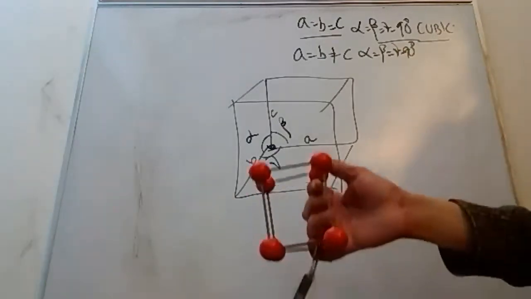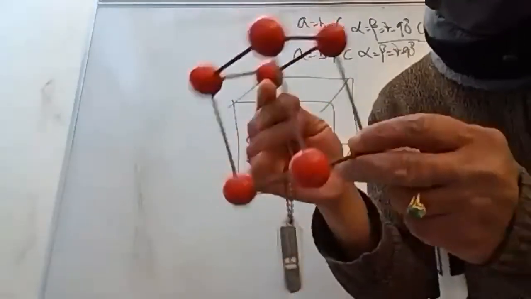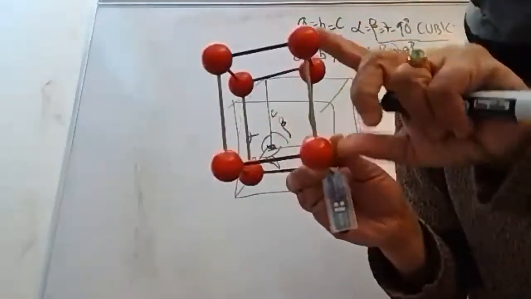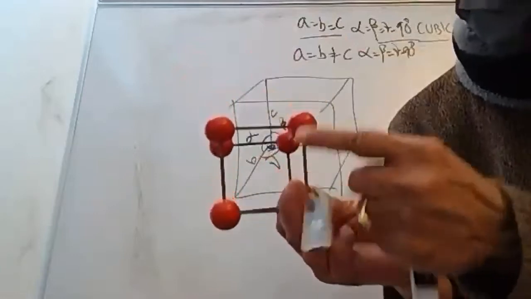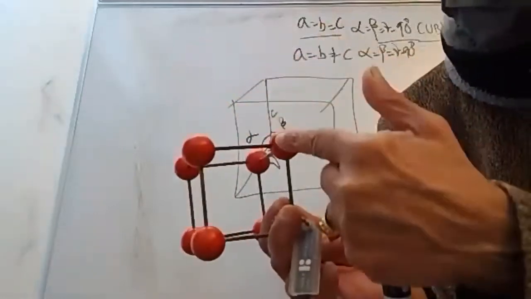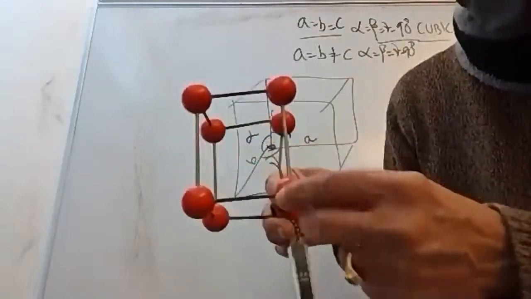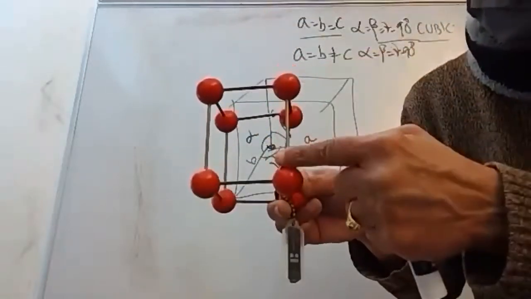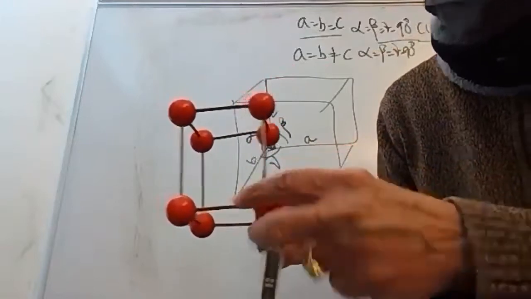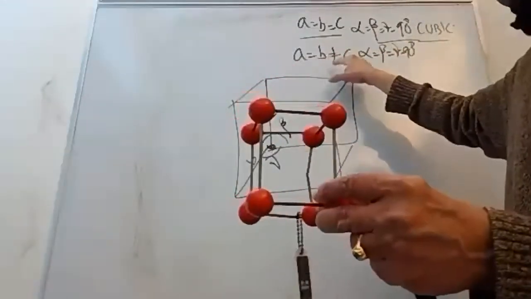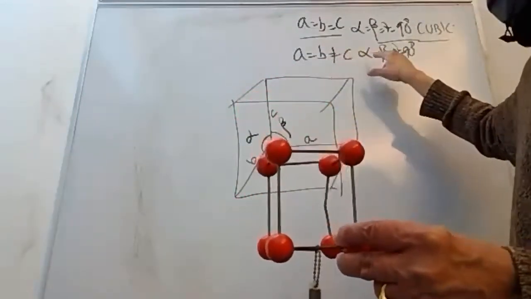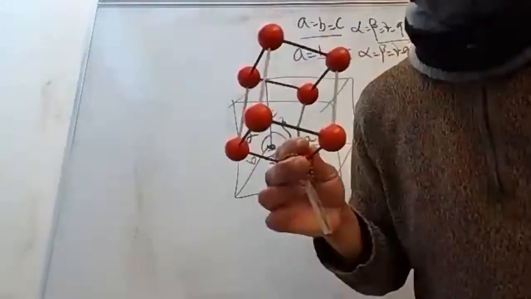So this is a shape that looks like this. It is elongated along this direction, but if you look at the base, it's exactly the same. So on the floor, the sides are equal, but on the vertical, the length is higher. That is an example of A equals B not equal to C, but all internal angles are 90 degrees.